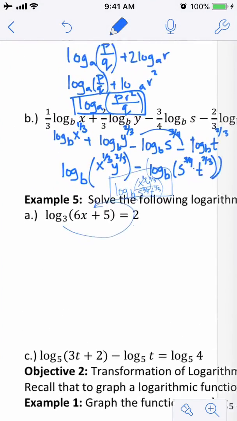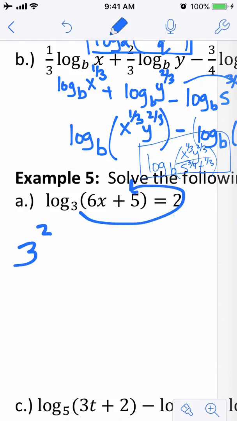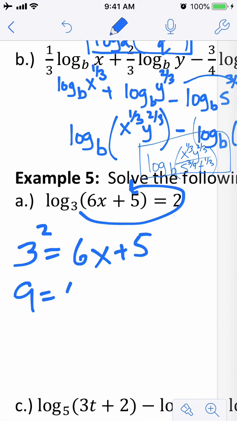Sorry. Picky. Okay. So here I just have to make my circle, right? And I just gotta go whoosh, like that. And that just means 3 squared equals 6x plus 5. Well, that's super easy because I know 3 squared. 9 equals 6x plus 5.